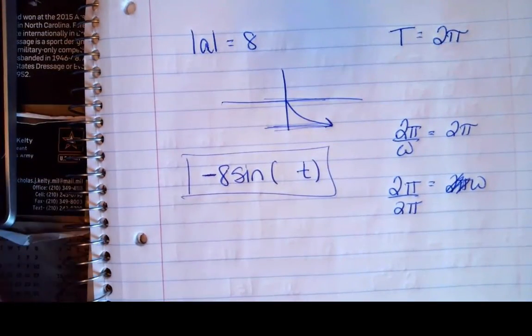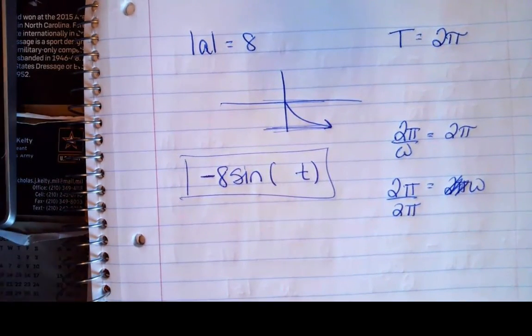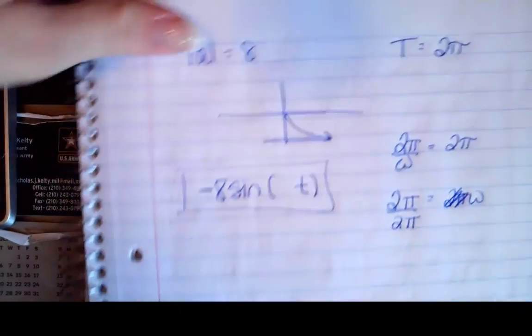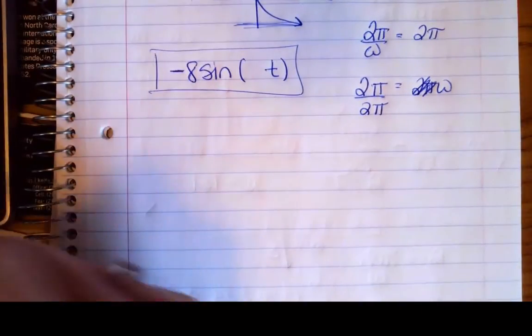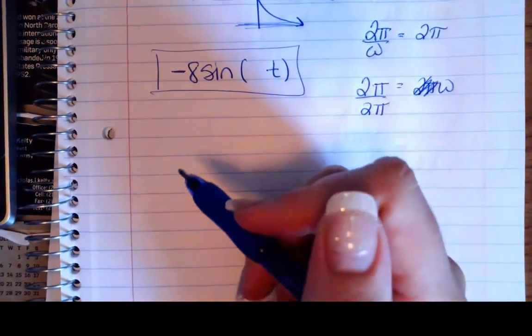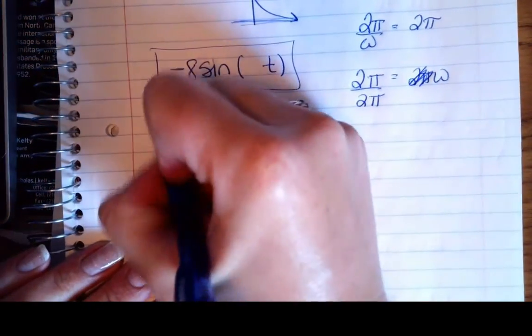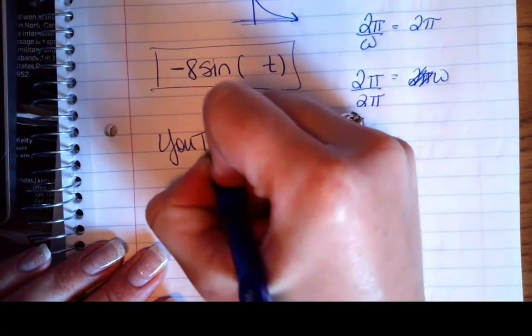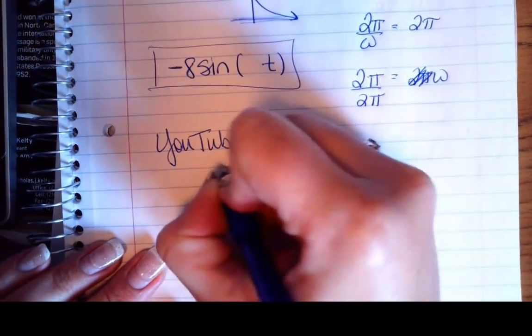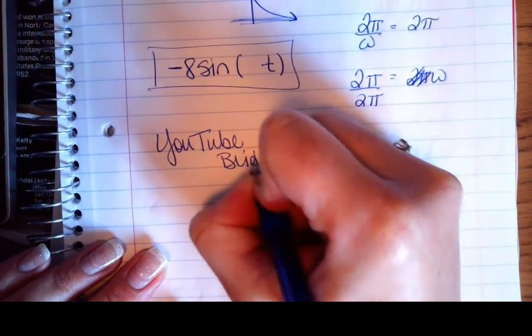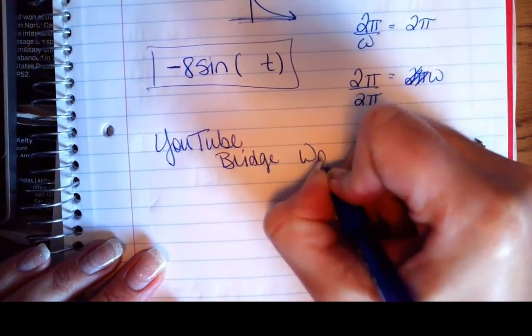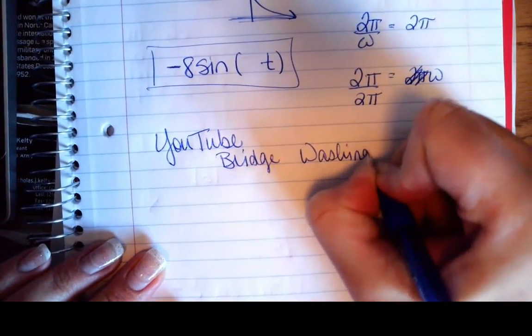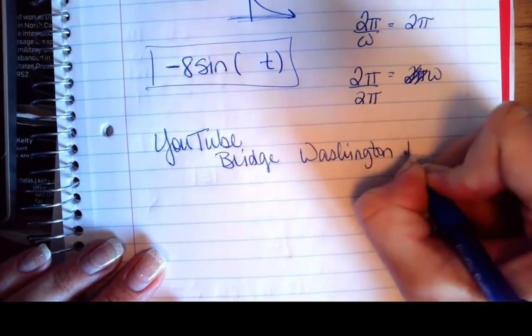Okay. So now what we want to look at is damped vibration curve. So I might as well tell you really quick what damped vibration is. If you think about, look up on YouTube the bridge in Washington that fell.